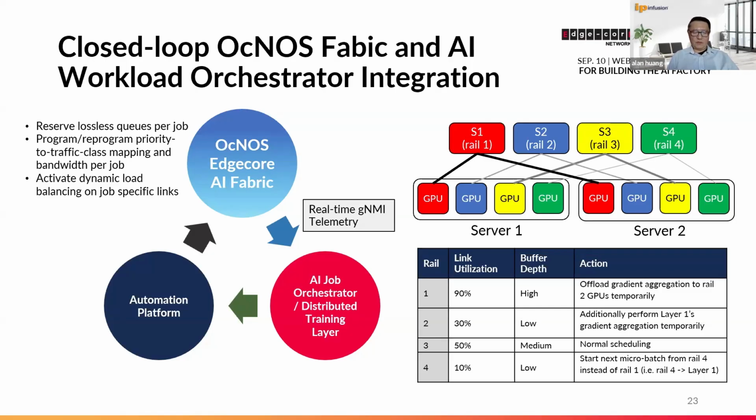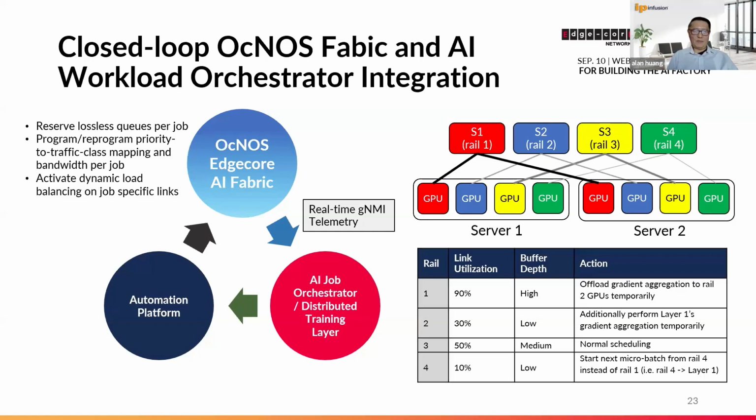These changes include things like reserving lossless queues, programming and reprogramming priority to traffic class mappings, and allocating bandwidth on a per-job basis, as well as enabling dynamic load balancing on job-specific links.